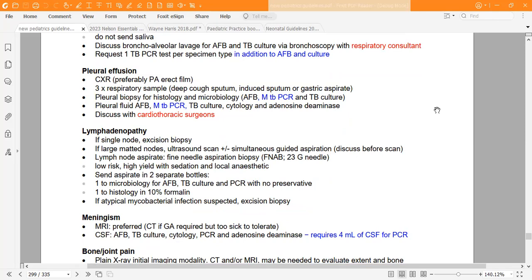So chest X-ray, PA erect film, 3 respiratory samples, deep cough sputum, induced sputum or gastric aspiration, pleural biopsy for histology and microbiology, pleural fluid, AFB, MTB PCR, TB culture, cytology, adenosine deaminase.